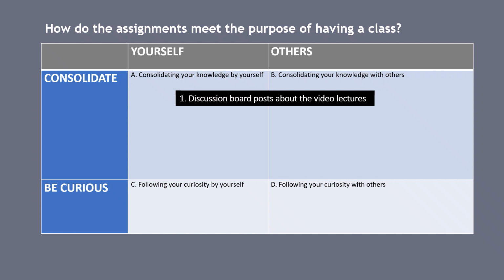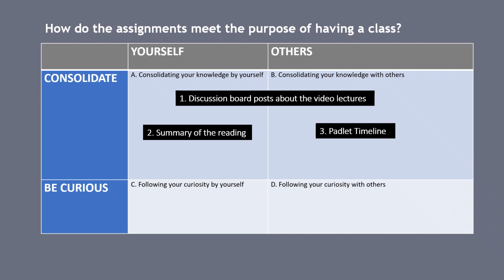I would say that the discussion board posts about the video lectures are you consolidating your knowledge by yourself, but you're also working with other people to consolidate your knowledge. That's why you're responding to those posts. The summary of the reading is you pretty much working on your own, trying to learn something new. And the Padlet timeline is definitely you working with other people, trying to consolidate your knowledge of the history of science.